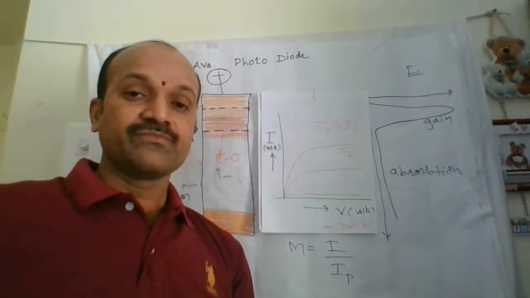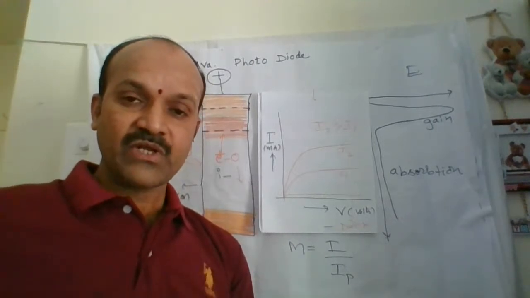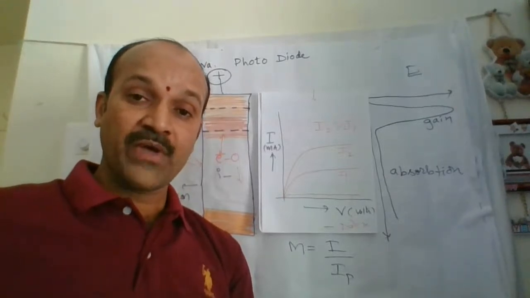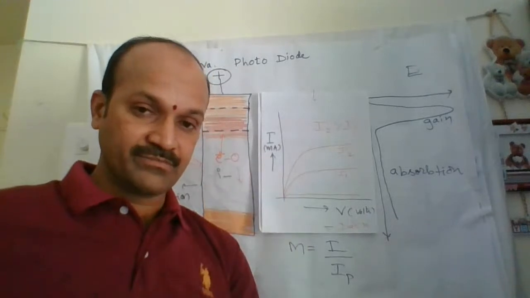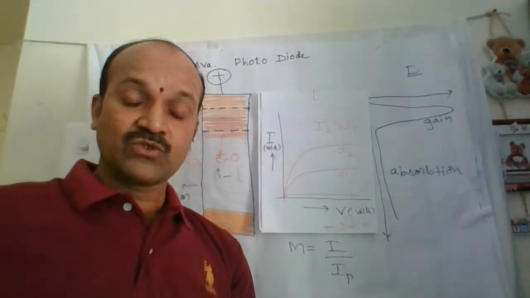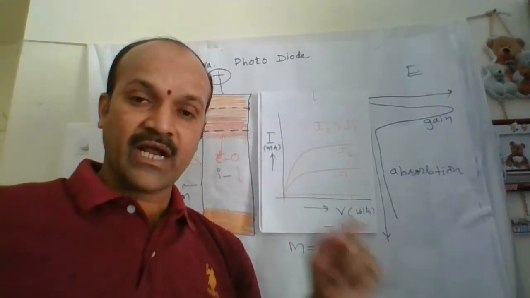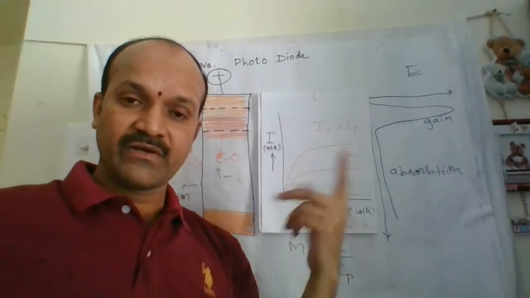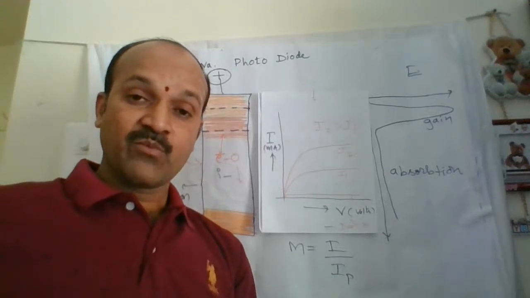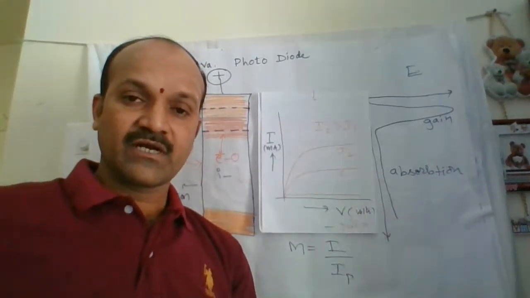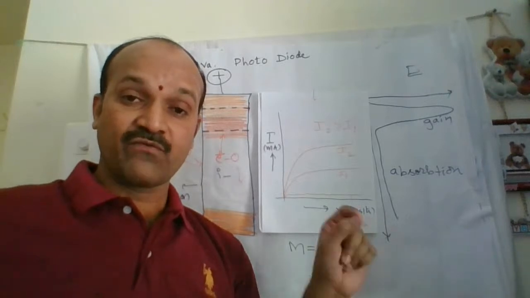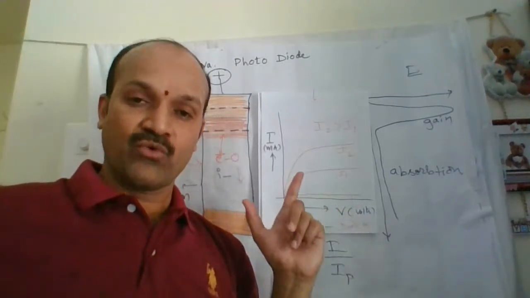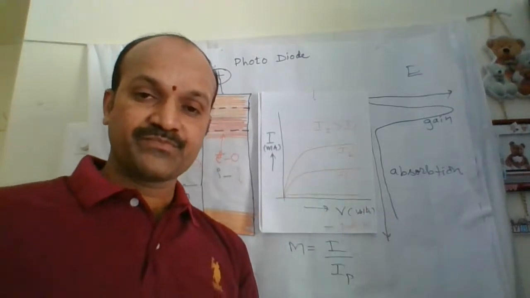That photon, that light, generates or creates electron hole pairs in the PIN diode, right? So the generated electron hole pairs, according to their polarity, move in the field direction. When they move, obviously we can see current flow in the circuit. So when current flows in the circuit, it means light is detected. This is the basic phenomenon.